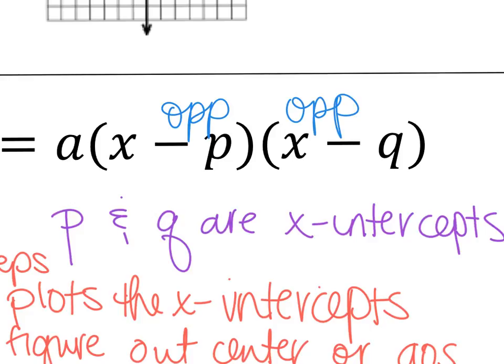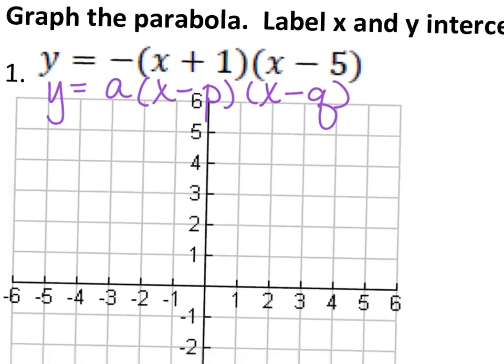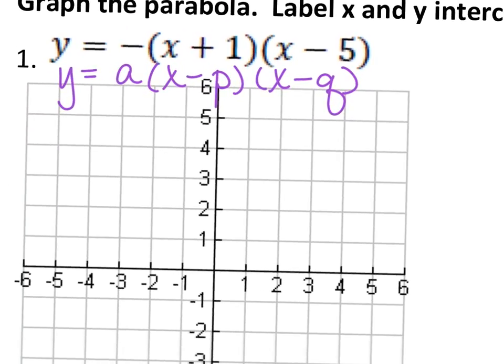Just like it would be minus h, p and q are going to be the opposite of what's there. So right now it's saying x plus 1. Well, I know it's an x minus p, so it's going to be the opposite. So my x-intercept is going to be negative 1, just like the x minus h concept. And then it's x minus 5, so my other intercept is going to be 5.